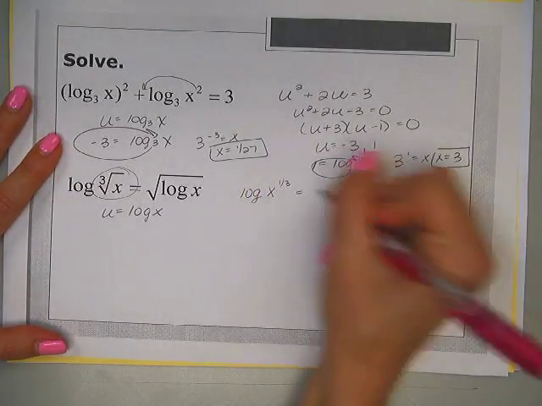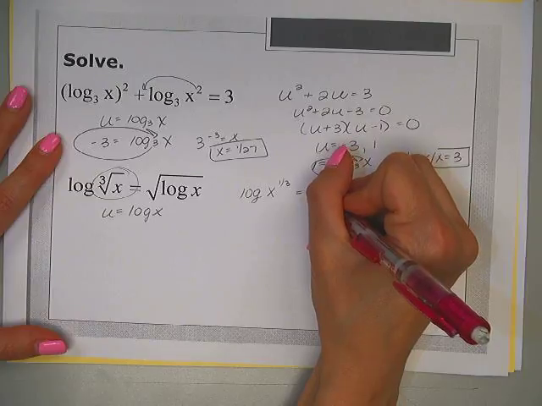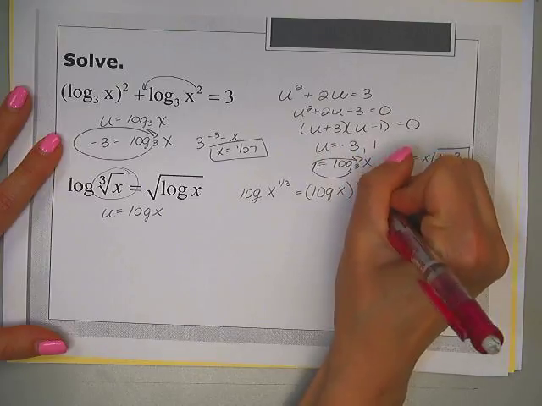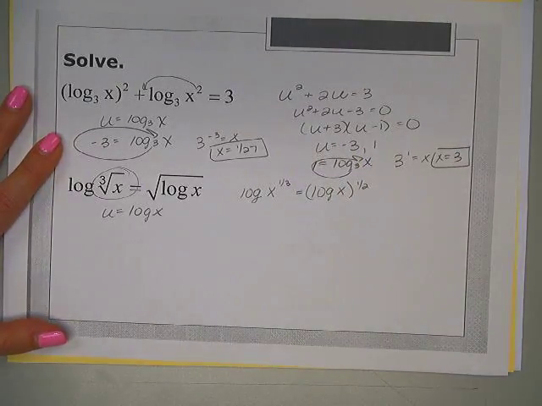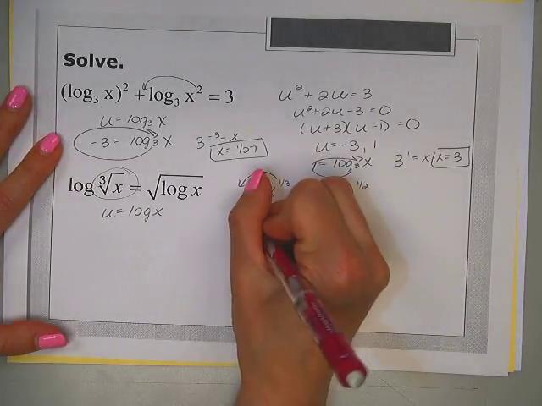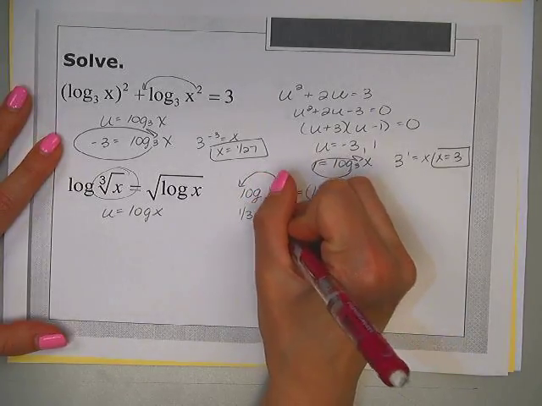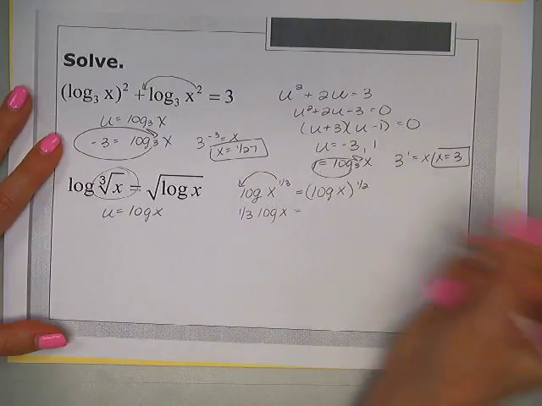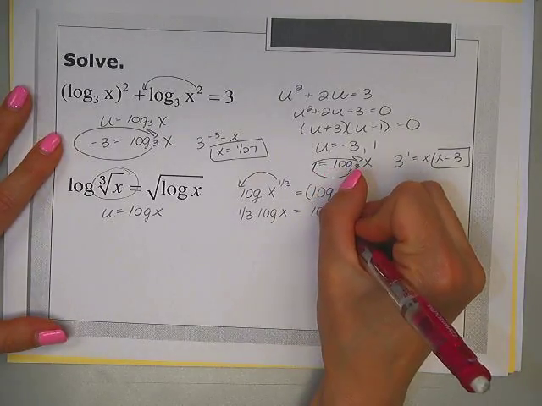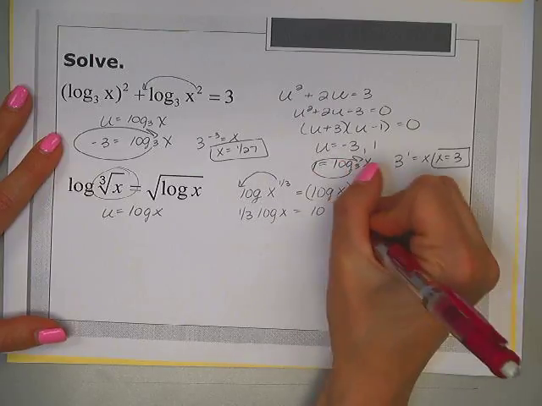I've got log of the cube root of x equals the square root of log x. What do you think I should define u as? Log x. Let's try. u equals log x. All right, so let's see if we can simplify this. This right here is the exponent, right? Cube root. How could I write that as an exponent?